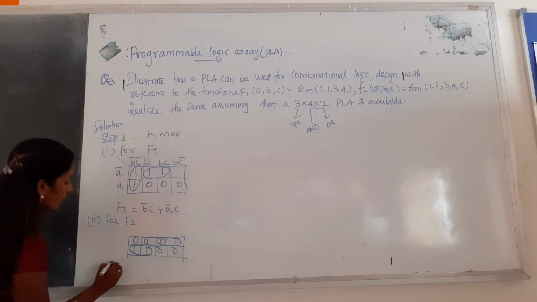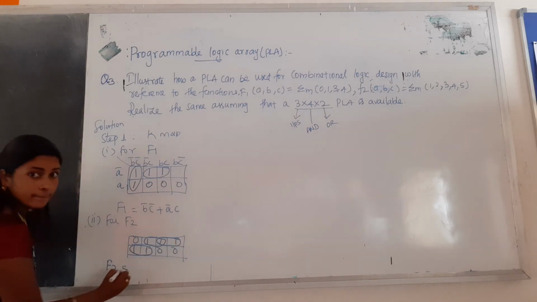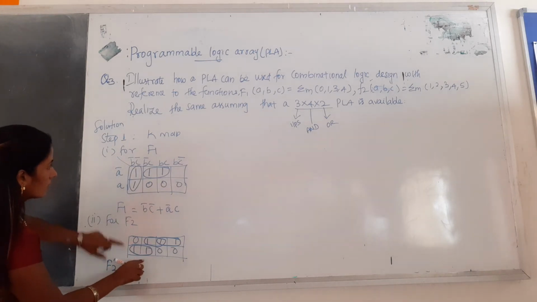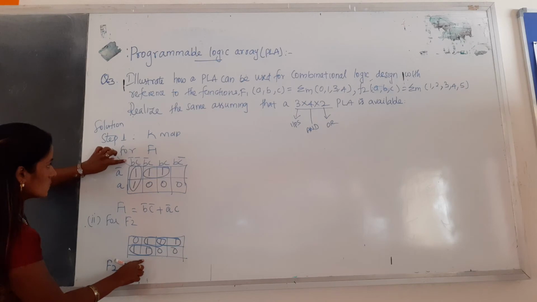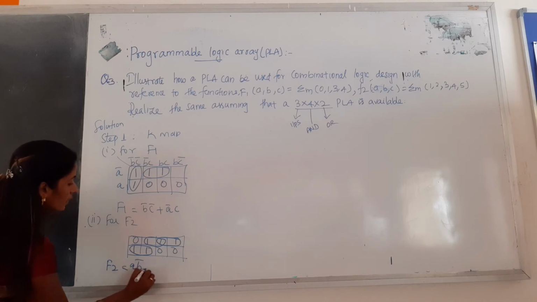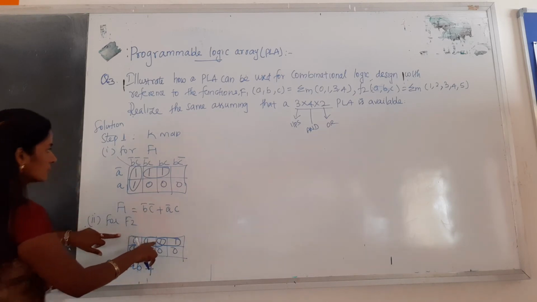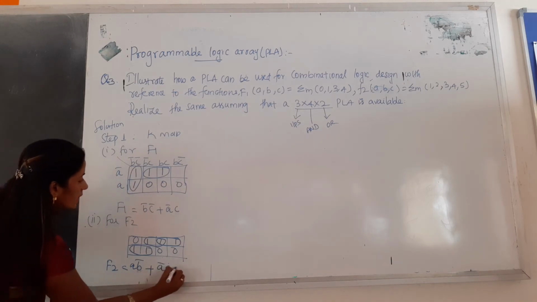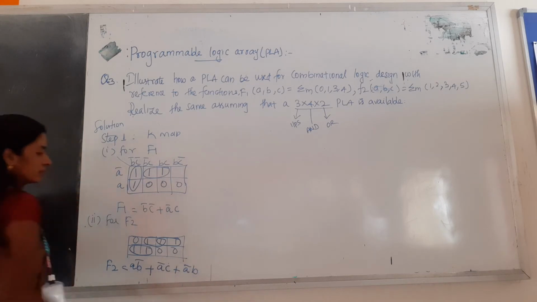So my F2 is A B bar plus, B bar cancels, so I will get A bar C plus A bar B.